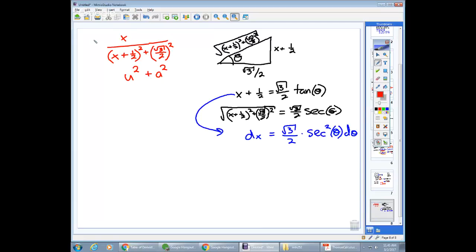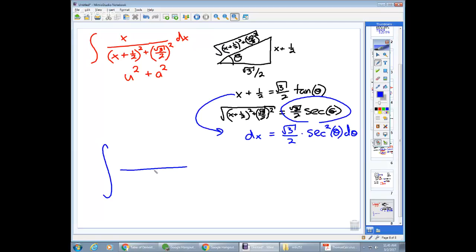Now up here we have that integral with respect to x, so what are we trading out? Let's rewrite it in blue. The denominator is the square root of the quadratic, so I'm going to have to square this side right here to get rid of the root because we don't have it there.